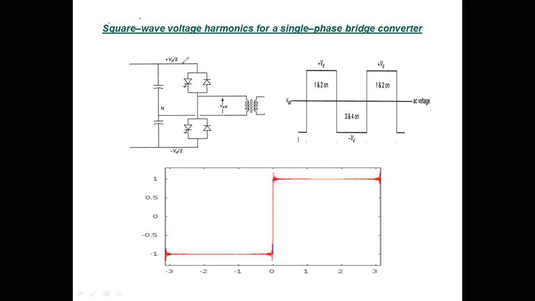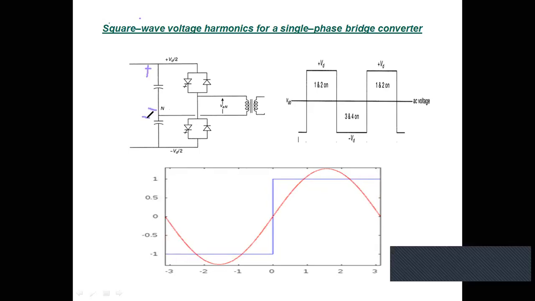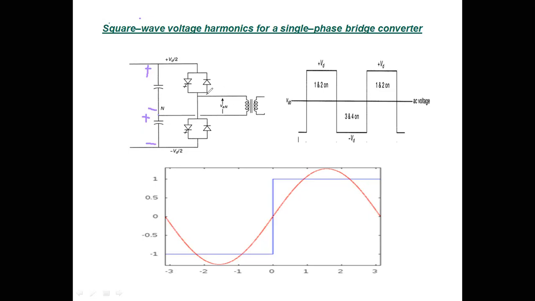We can have half of the voltage, that is plus VDC by 2 here, and again minus VDC by 2, with respect to this capital N. Capital N is not required in the actual operation, but we are expressing with respect to the midpoint of the capacitor on the DC side.